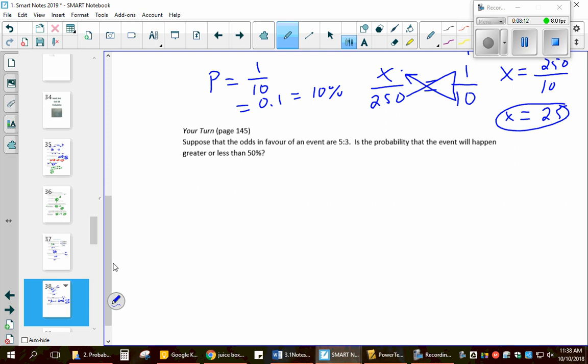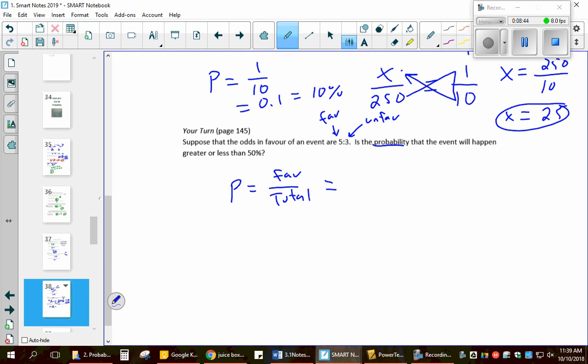Okay, suppose that the odds in favor of an event are 5 to 3, right? So 5 is my favorable, 3 is my unfavorable. Is the probability that the event will happen greater or less than 50%? So I need to write this as a probability, right? Probability is favorable over total.